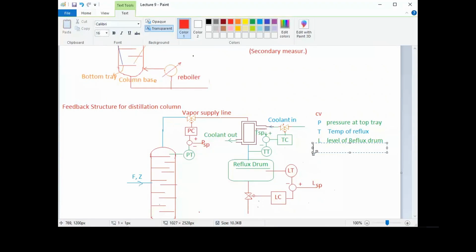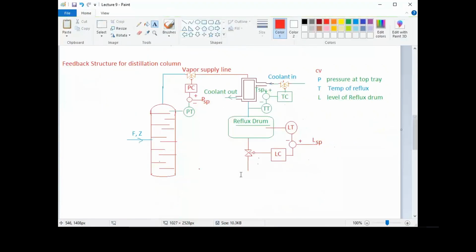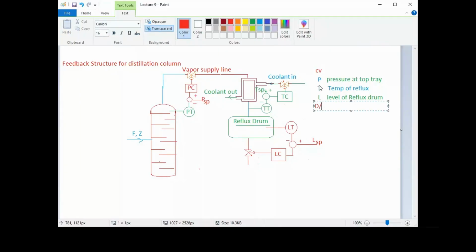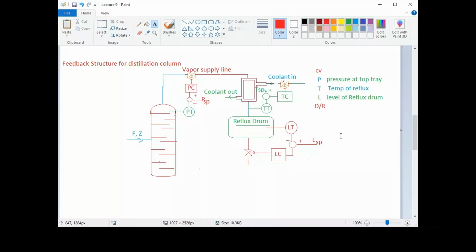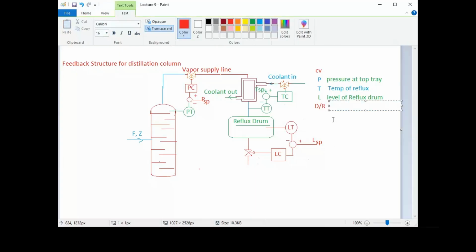So now our fourth variable will be, as we know that some part will be taken out as a product, some part will be recycled back. So this ratio is very important, how much you are taking out and how much you are recycling back, right? So the D by R ratio will be our fourth variable.